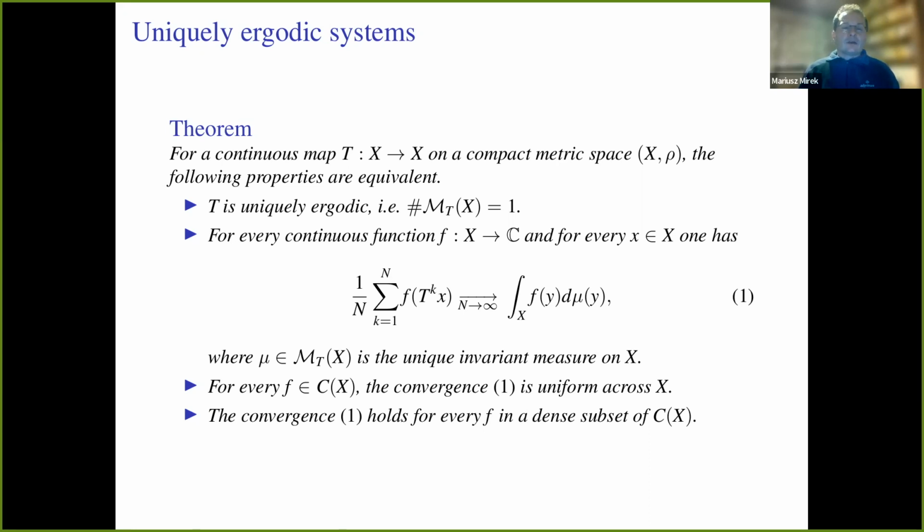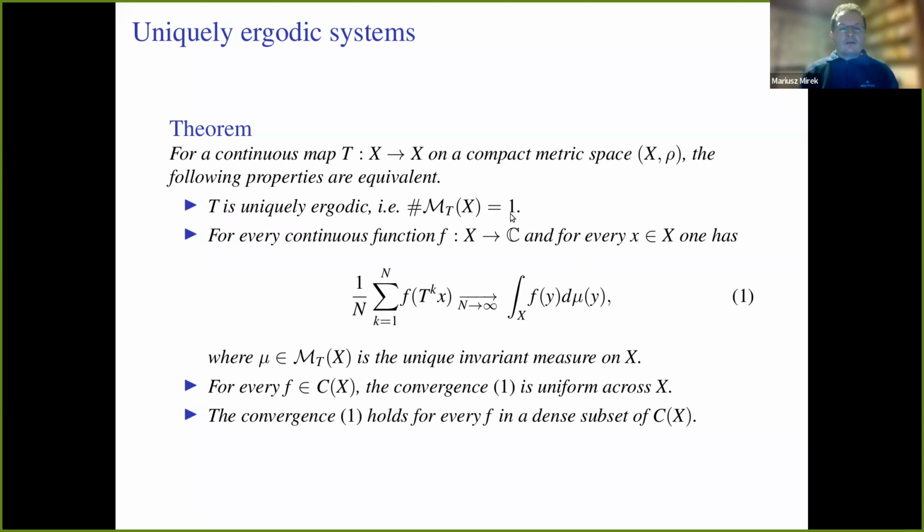Here is a very nice theorem: suppose that we have a compact metric space X and a continuous map T which maps X to itself. Then the following properties are equivalent. T is uniquely ergodic, which means that the space of all T-invariant measures consists of precisely one measure.